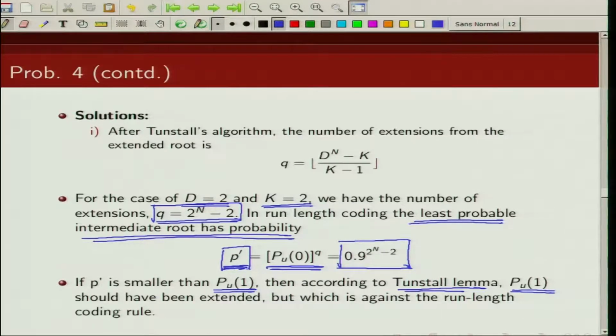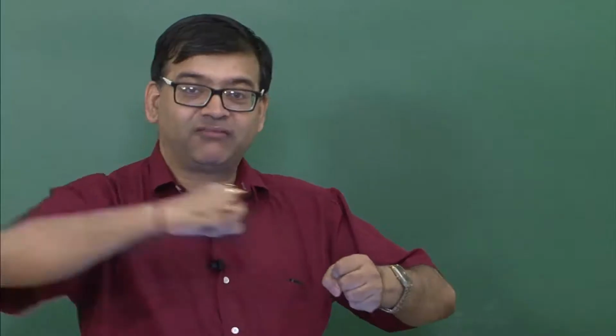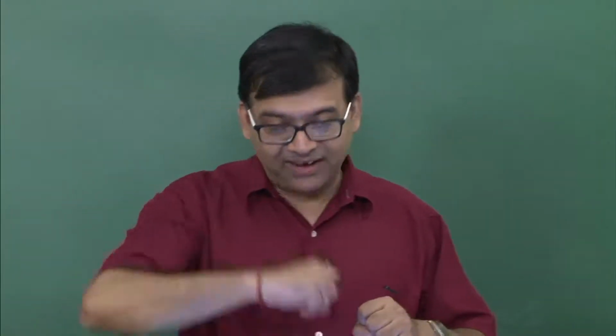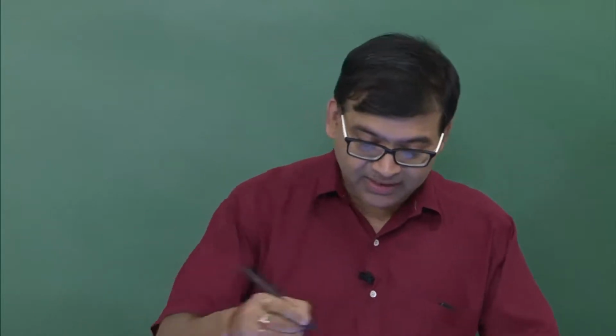So, but then that would have been against the rules of run-length coding, because in run-length coding we have runs of zeros and n runs of zeros. Okay.